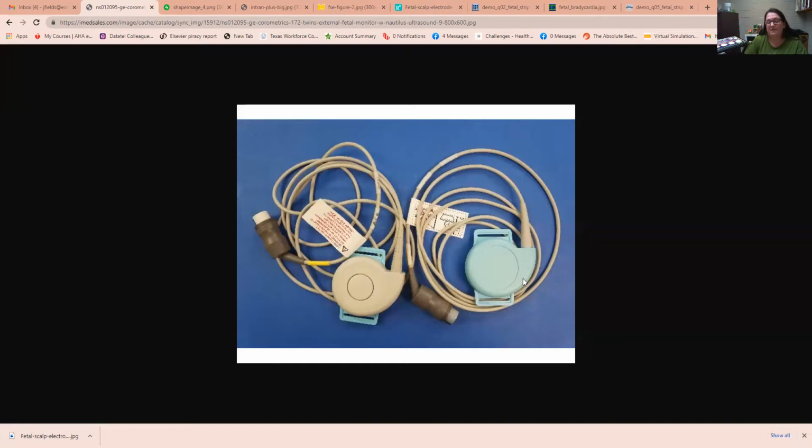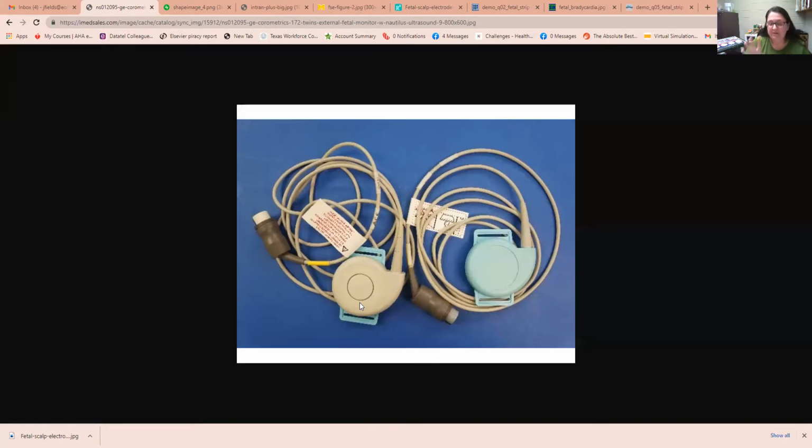Sometimes the fetus moves, and sometimes we lose the tracing or can't pick it up as well, especially if they're a little smaller or gestational age is different. So with the external ultrasound monitor, sometimes we can get a really good tracing, sometimes we can't. One other thing about the external contraction monitor, we cannot tell how strong those contractions are at all.